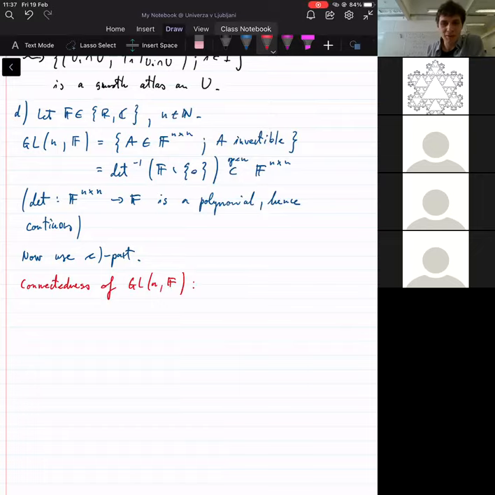Does anybody have an idea? I would guess that it's not connected because there's a discontinuity at 0. Okay, there's not a discontinuity. There's just like a missing point.